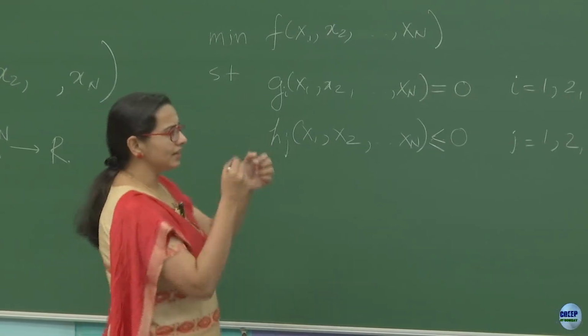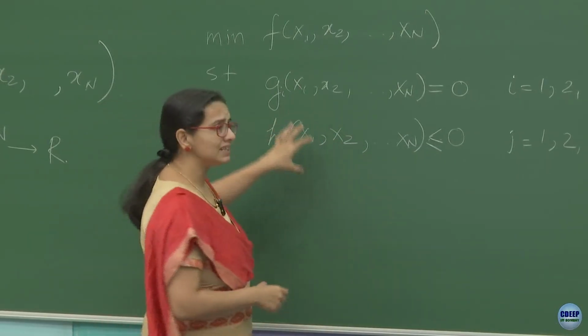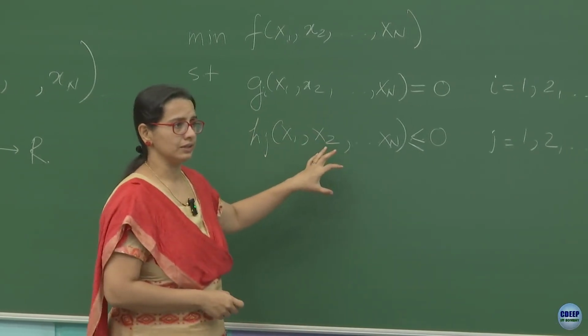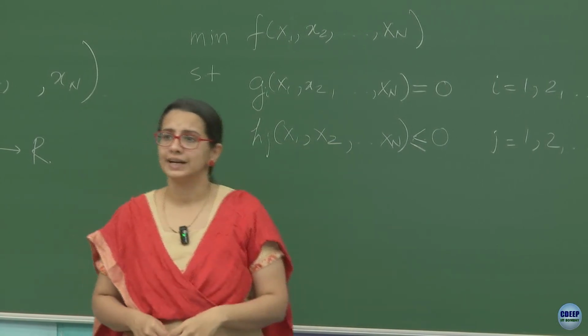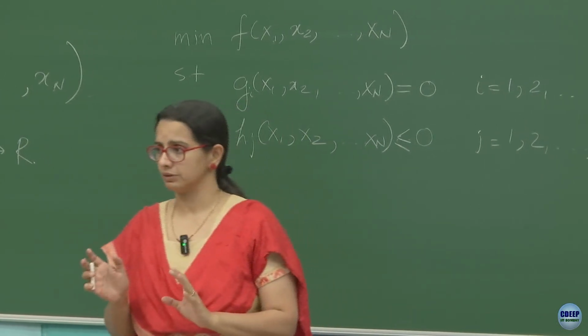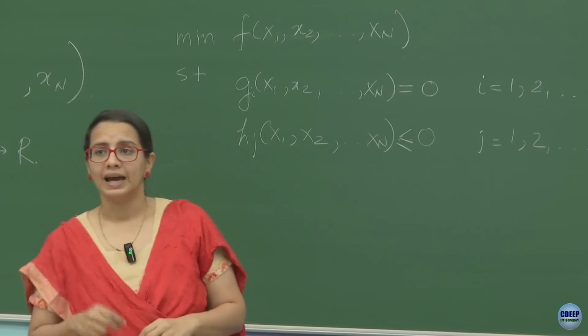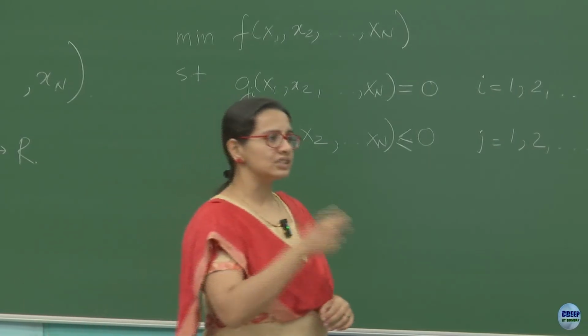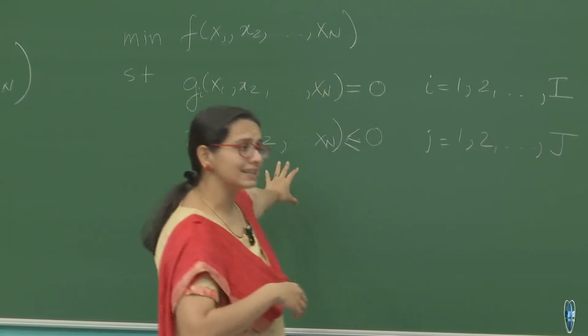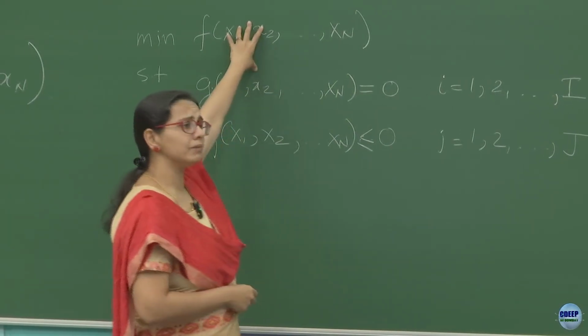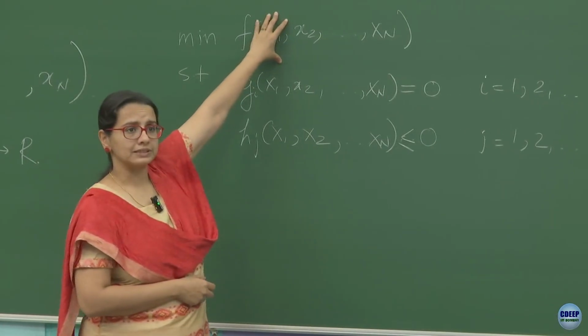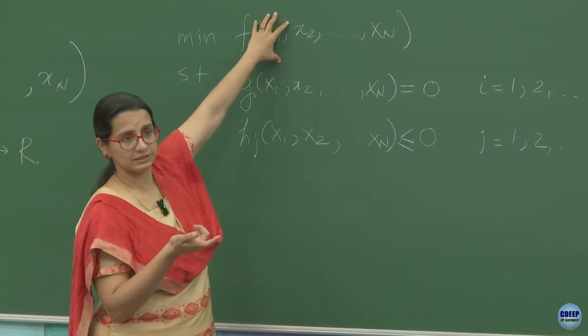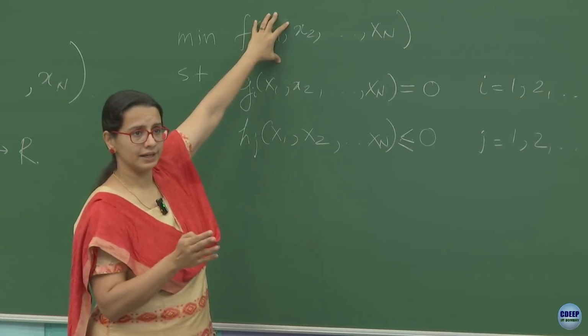Now, any set of x1, x2, x3 that actually meets these constraints, okay, that is what I'm going to be calling a feasible decision for me. All right? And any set of x1, x2, x3 that of course meets the constraints and also minimizes the objective function, that is my optimal decision, simply speaking, right?